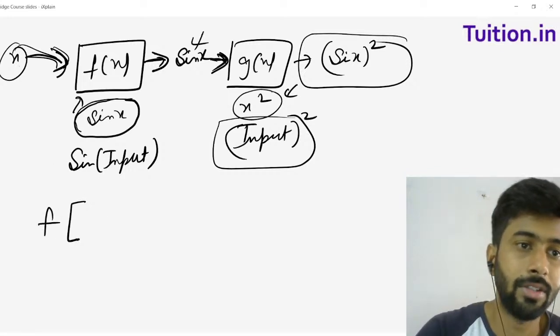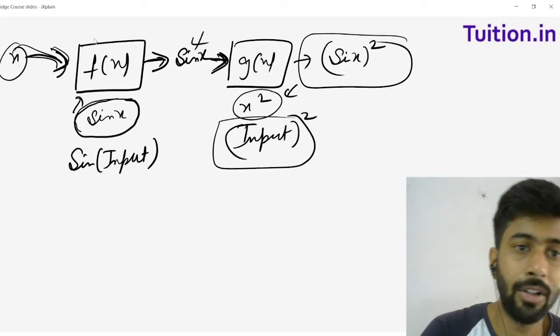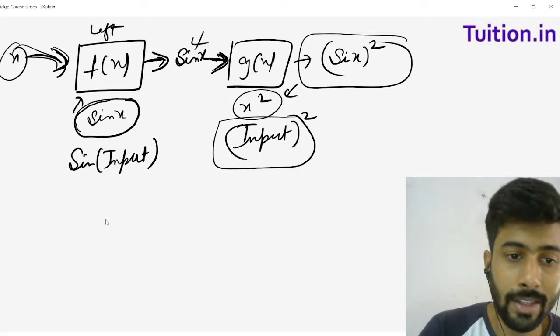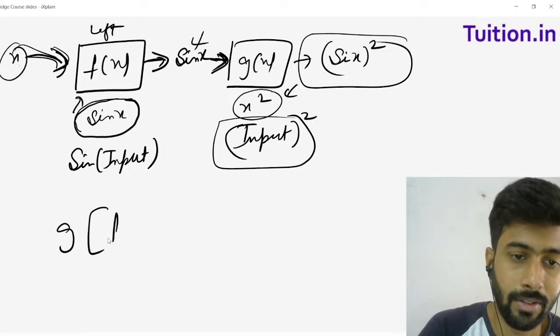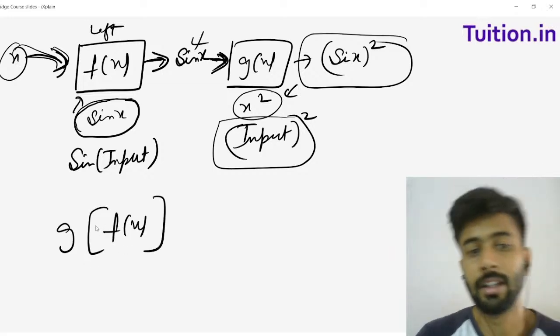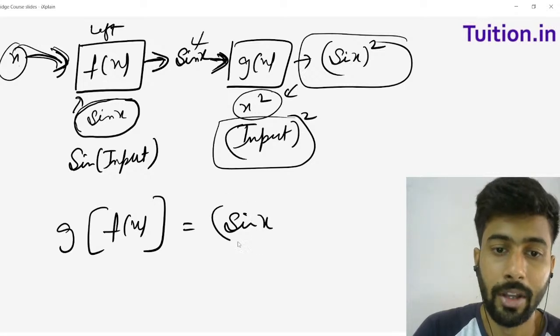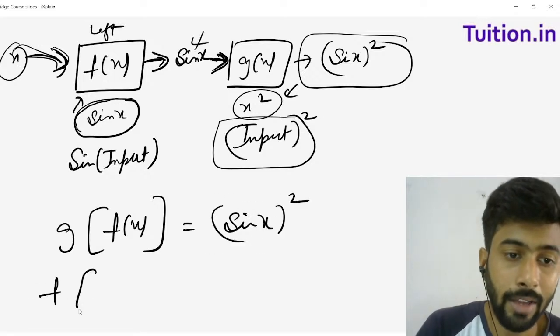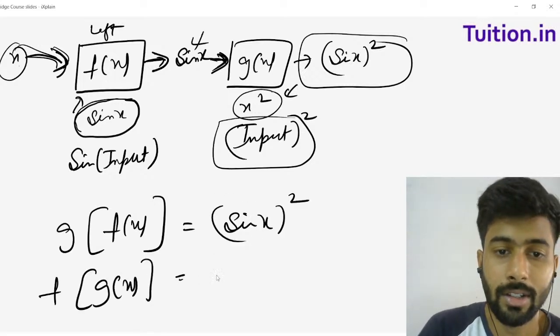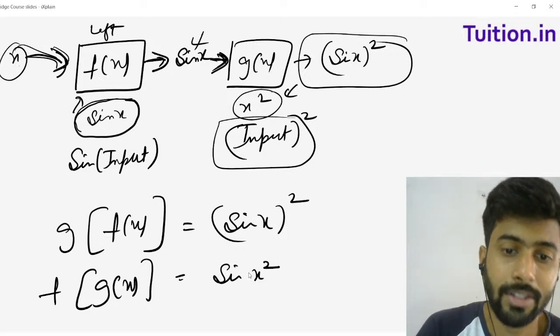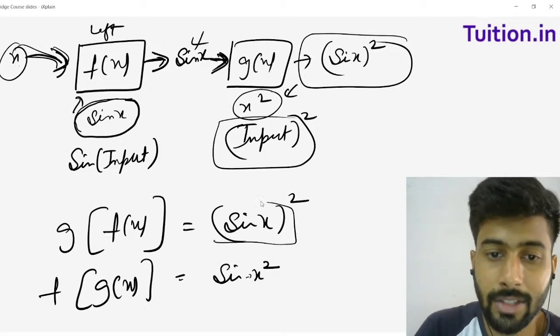This is g of f of x, because if f is coming on the left side first, then it will be inside g of x. Okay, inside. So this is g. So g of f of x is sine x square, but f of g of x was sine of x square, and this is sine x whole square.